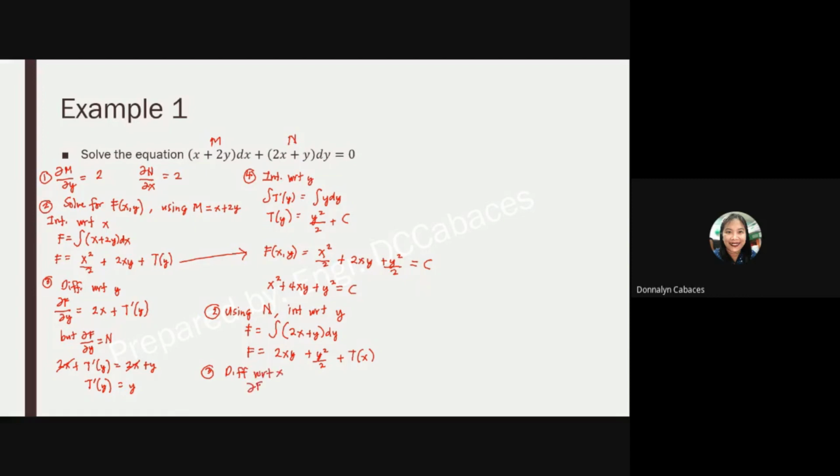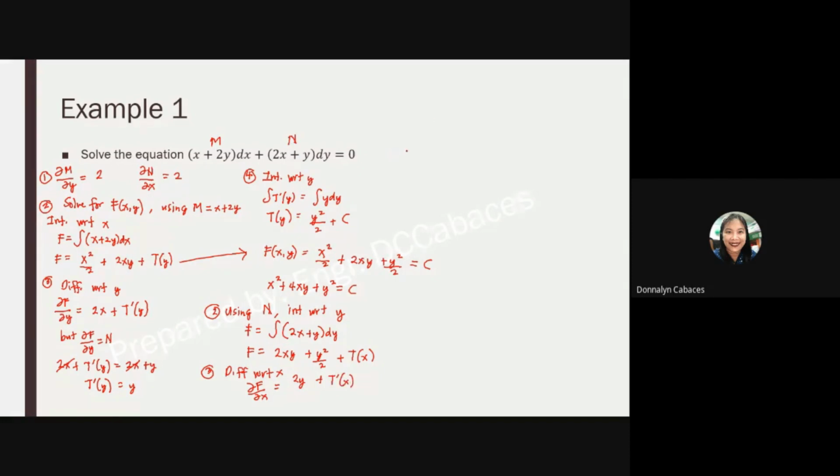So the partial derivative of f with respect to x is equal to, so y is held constant. So this is, tama ba? 2y. So y is held constant plus t prime of x.